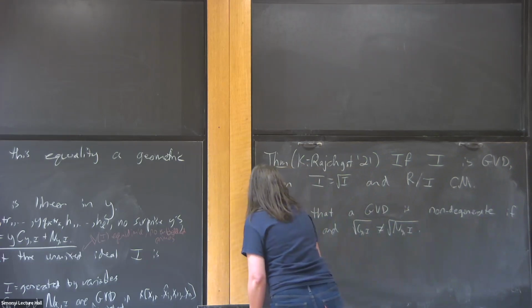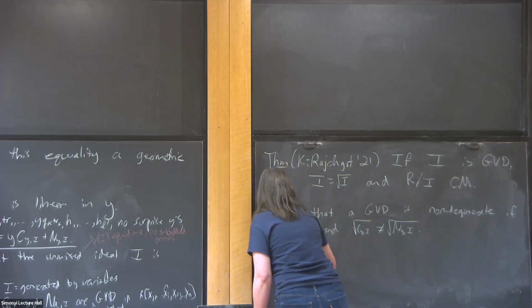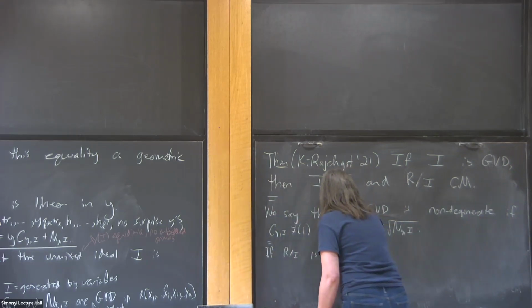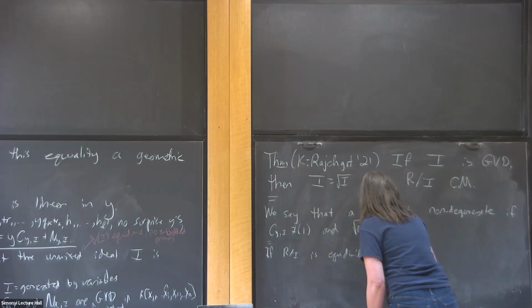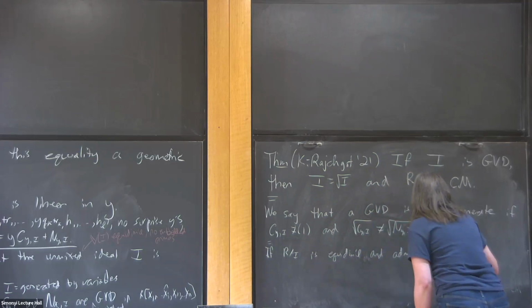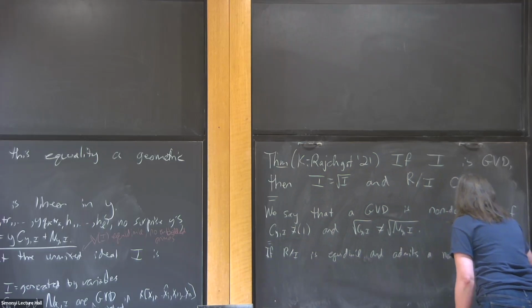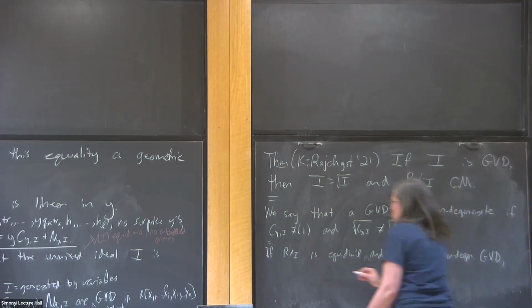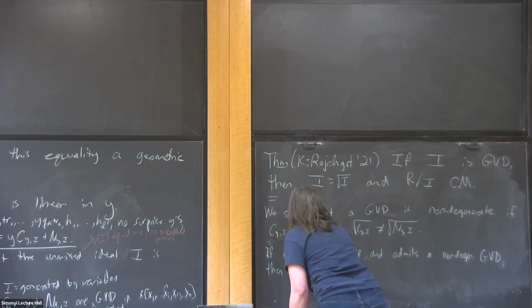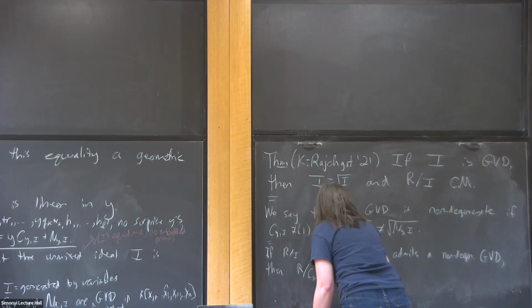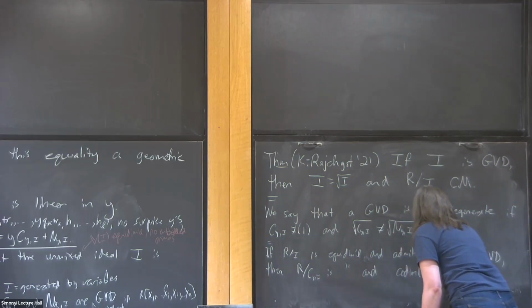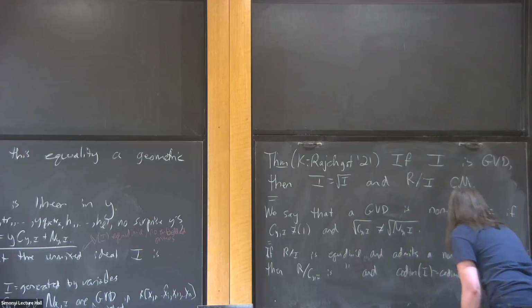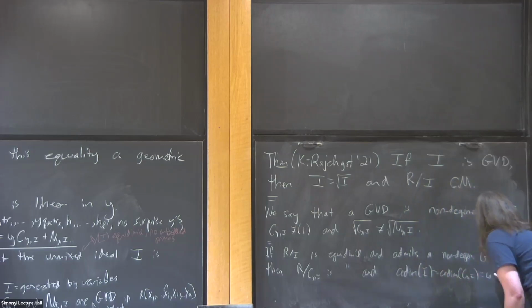So if R mod I is equidimensional and admits a non-degenerate geometric vertex decomposition, then R mod CYI is equidimensional, and the codimension of I is equal to the codimension of C, which is the codimension of N plus 1.